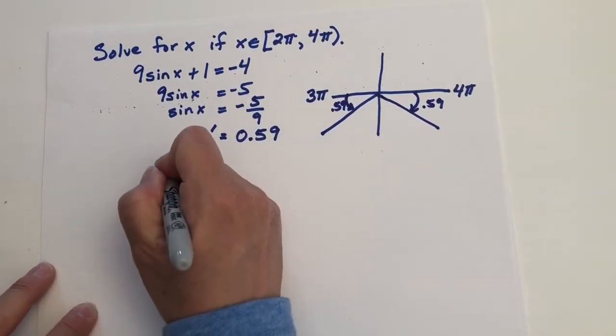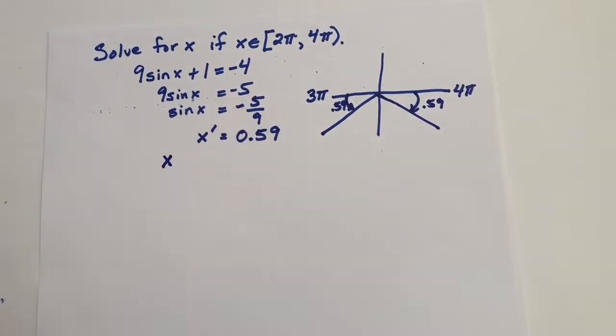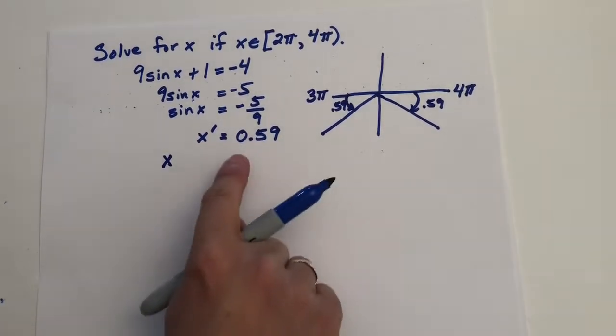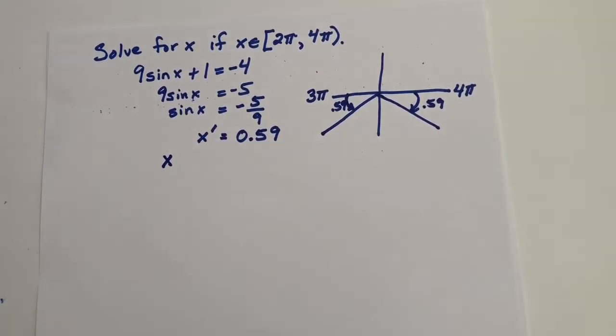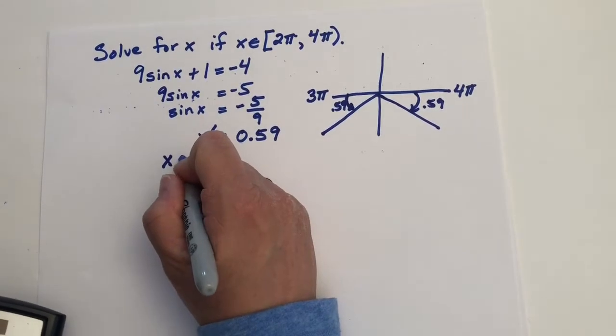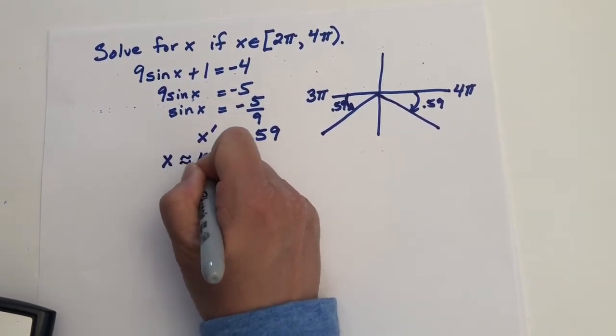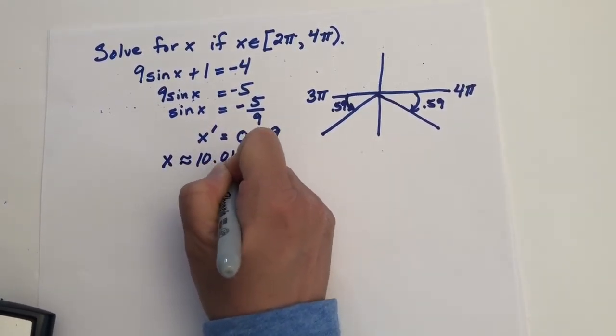So let's use our calculators to get those. So we have 0.59. So if I take 3 times pi and add 0.59 to it, I get about 10.01. I'm putting approximately equal to here, just to remind you this is the approximation.